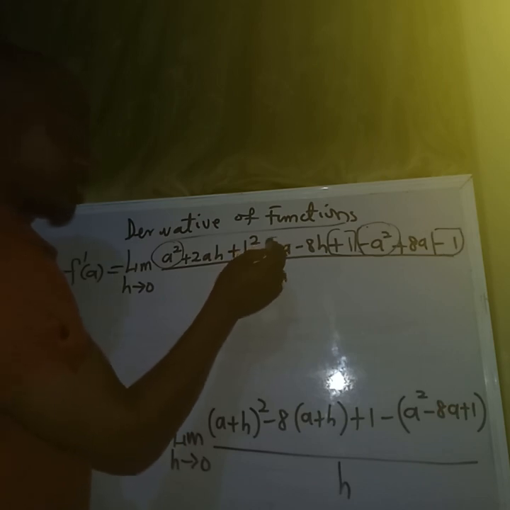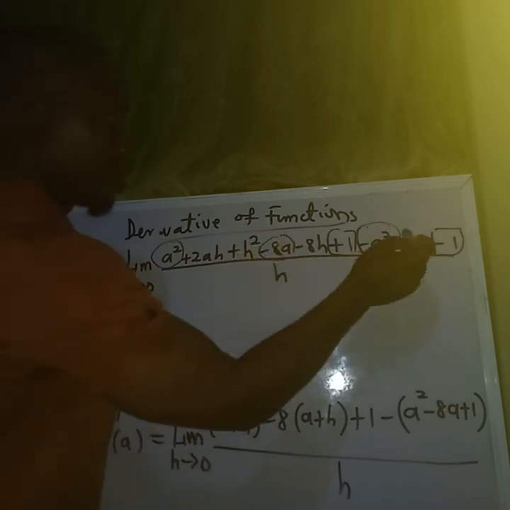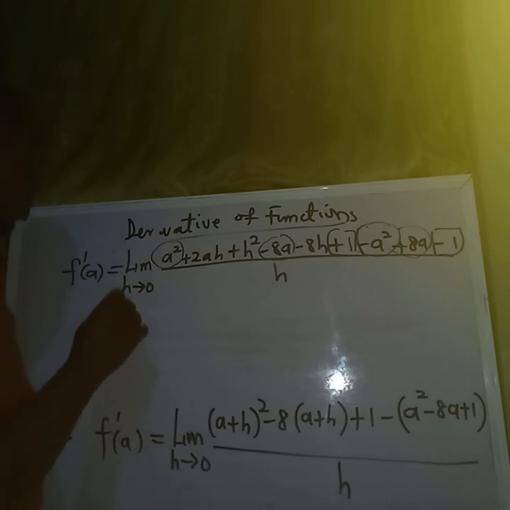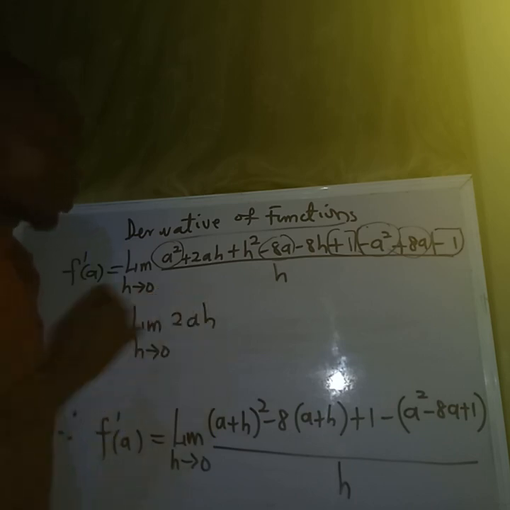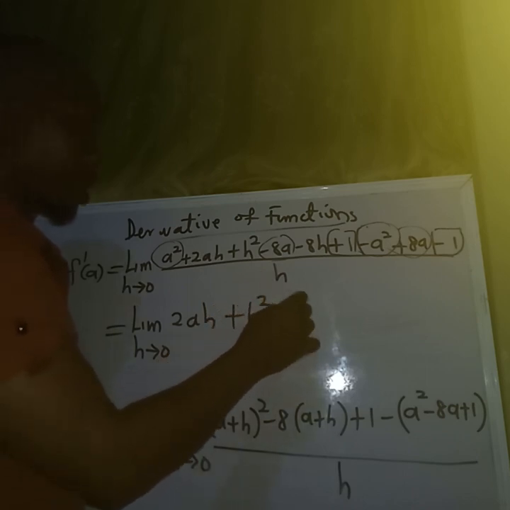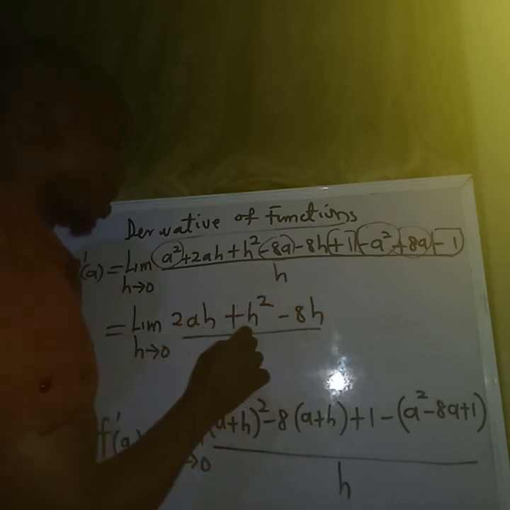Again, we have negative 8a plus positive 8a, which also cancel. So the remaining terms will be the limit as h goes to 0 of 2ah plus h squared minus 8h, everything over h.